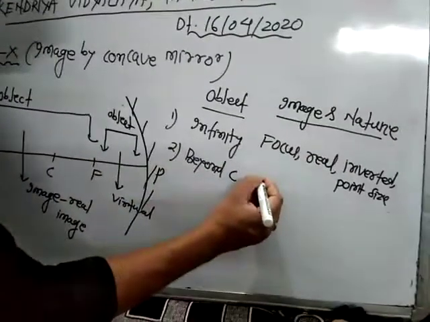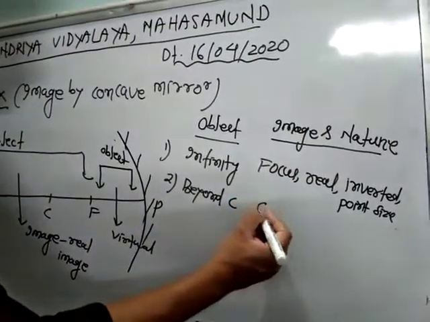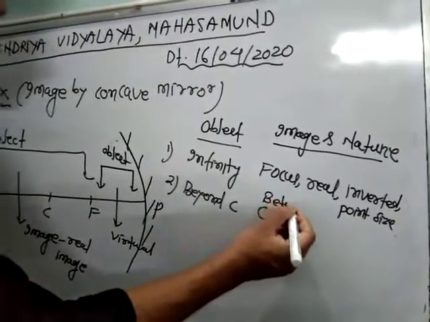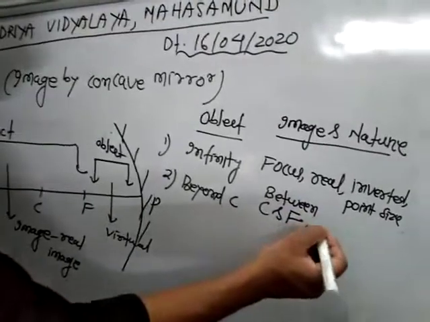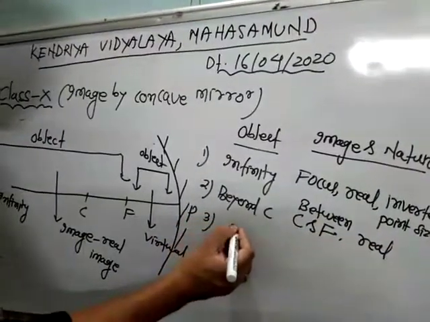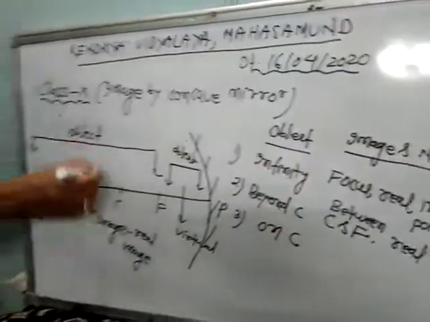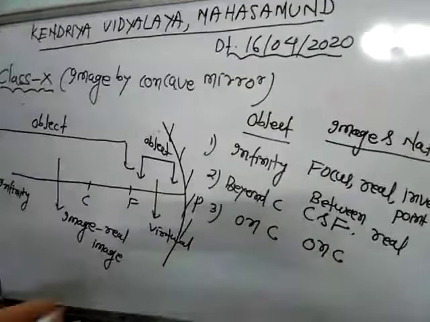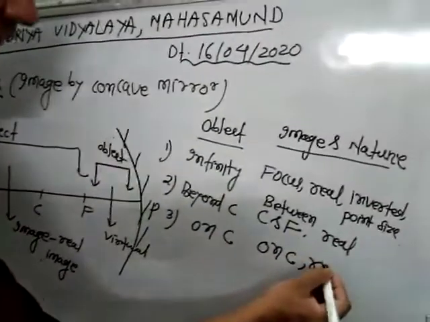Image will again be real, between C and F. Third one, object on C. On C means exactly over the center of curvature. Image will be on C. It will be a real image and same size image.